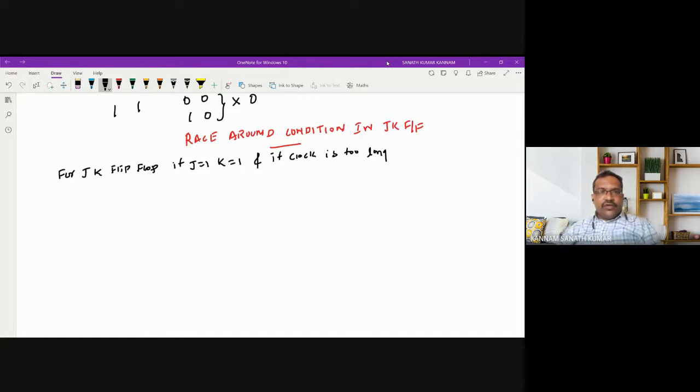When J equals 1 and K equals 1, what is that state? That is nothing but the toggle state.